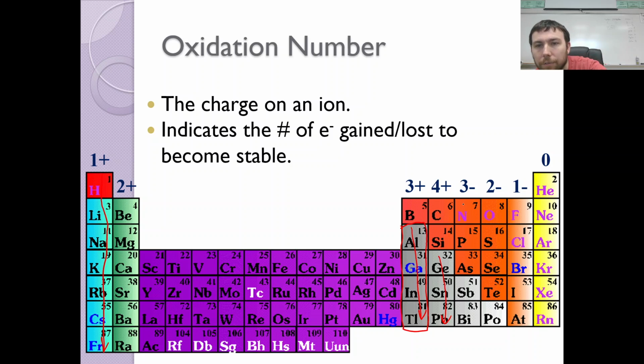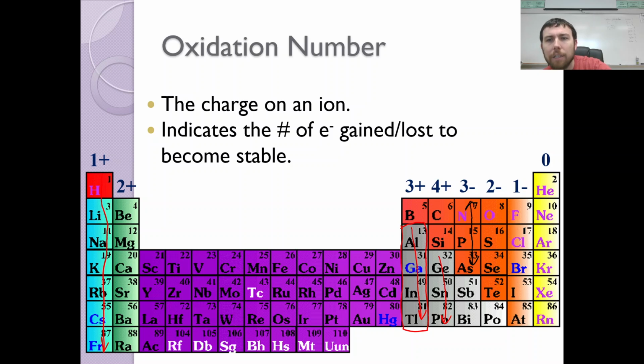So for nitrogen, phosphorus, and arsenic, what's going to happen is that they're going to gain electrons. So you've got a 3- charge, meaning nitrogen, phosphorus, and arsenic gain 3 electrons.